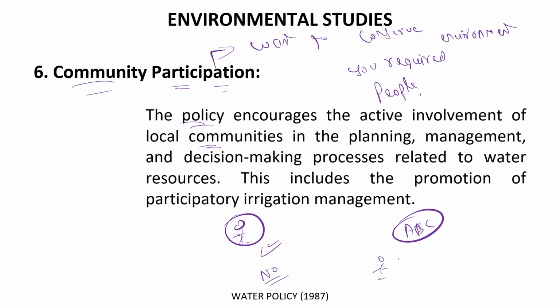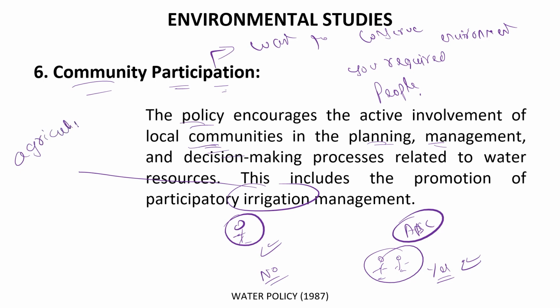But the people who are using A, B, C, if you go and ask them, they will say yes, because they have their interest. So that's why local community participation is very, very important in the decision making process, in planning and management. Okay. It includes the promotion of participatory irrigation management. Basically, irrigation is used in agriculture.